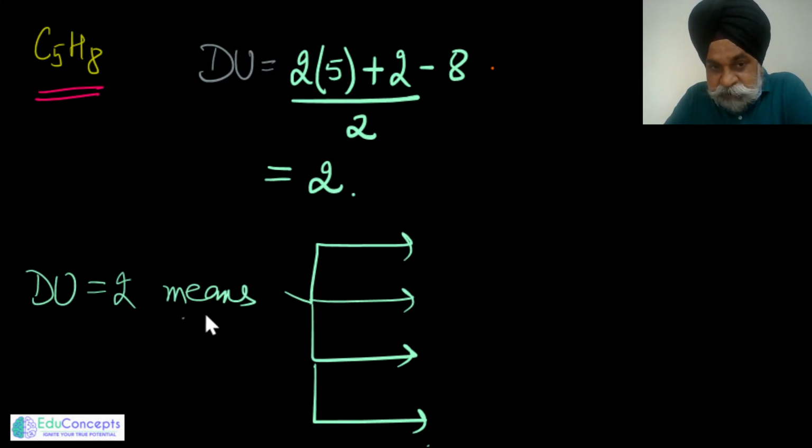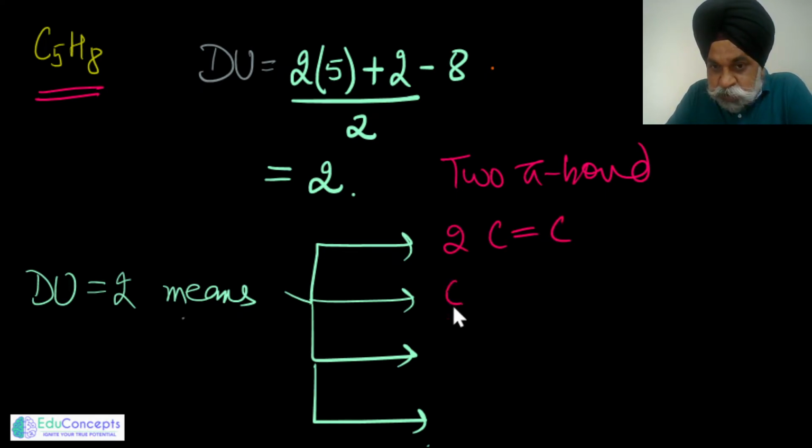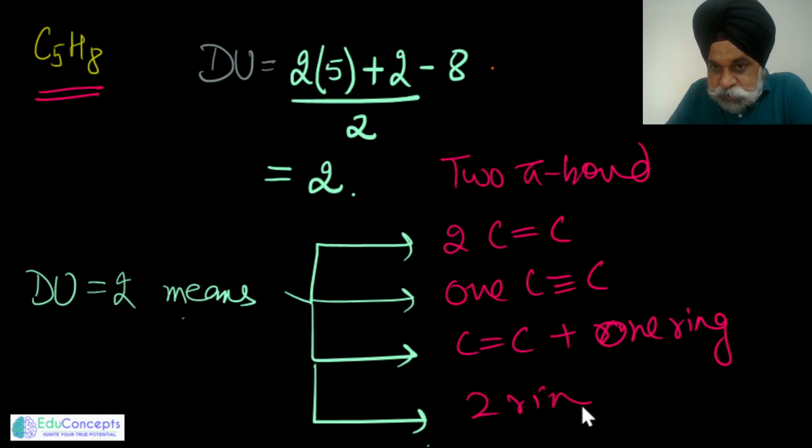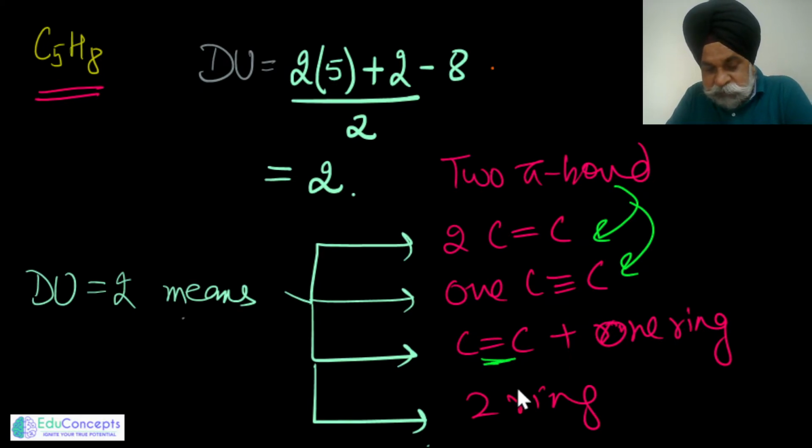What does it mean? A degree of unsaturation of 2 means that it may have 2 pi bonds, and 2 pi bonds can be in the form of 2 double bonds, or 1 triple bond, or 1 double bond and 1 ring, or 2 rings. So the 2 pi bonds can possibly be in the form of this or this, or 1 pi bond can be in the form of a double bond and 1 ring.